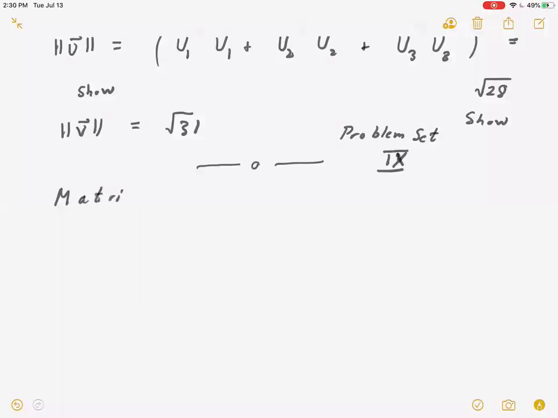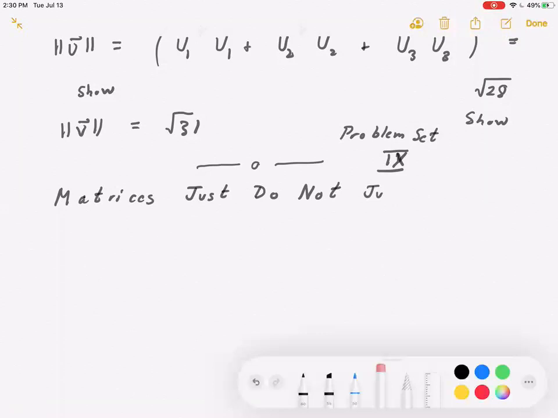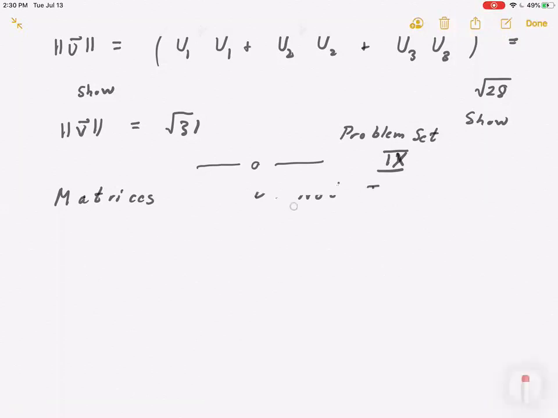Okay, so matrices, as advertised in the beginning of today's lecture, matrices do not just, let's get the English right. Excuse me.